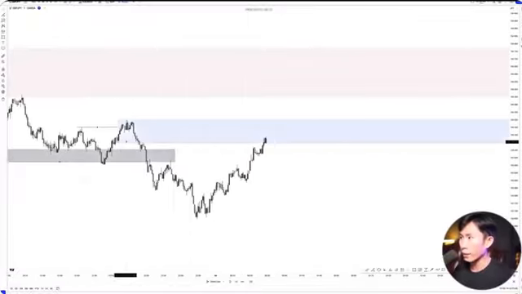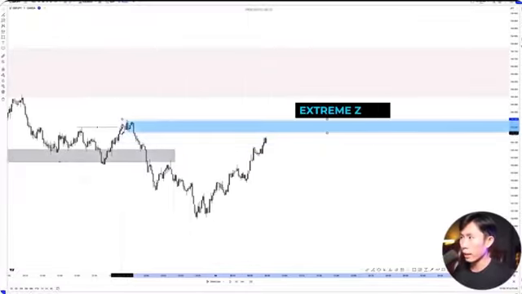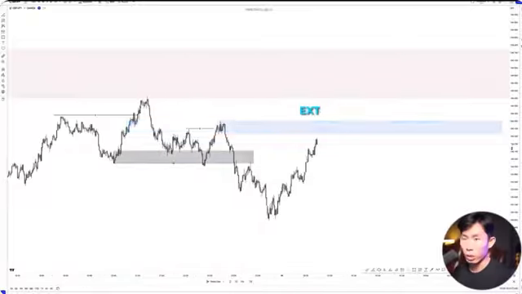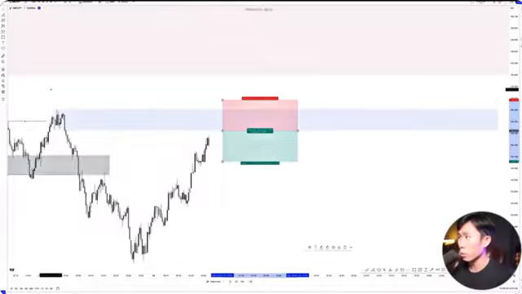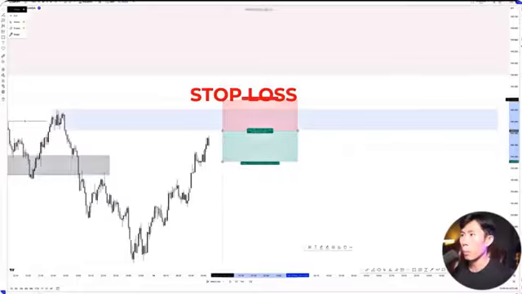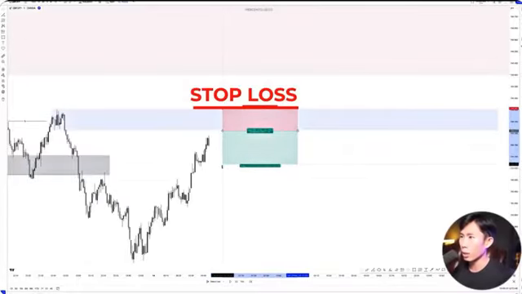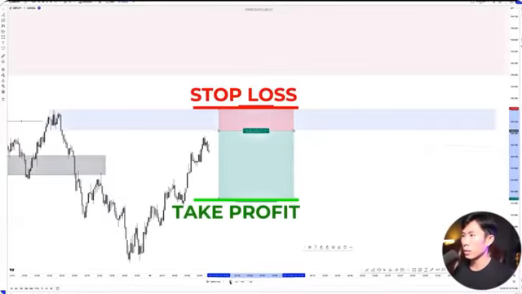You could have refined this flip plus sweep zone to just this extreme zone right here. You keep it very refined, and then you enter when price actually taps into this zone on the 1 minute time frame. Once again, same thing, you place a stop loss above this zone and you target the 3R, which is just like this. Let's see what price does.